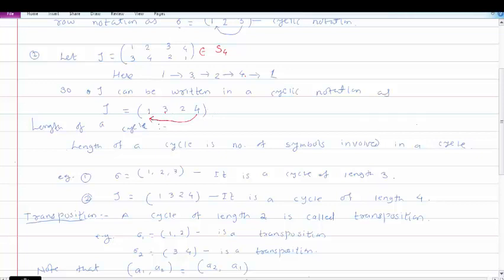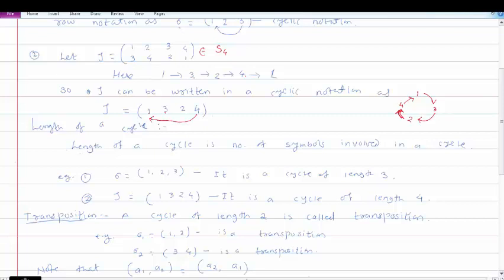Or you may write tau in cyclic notation as: 1 goes to 3, 3 goes to 2, 2 goes to 4, and lastly 4 goes to 1. This is a cyclic notation. So this is called a cycle. This is single row notation.